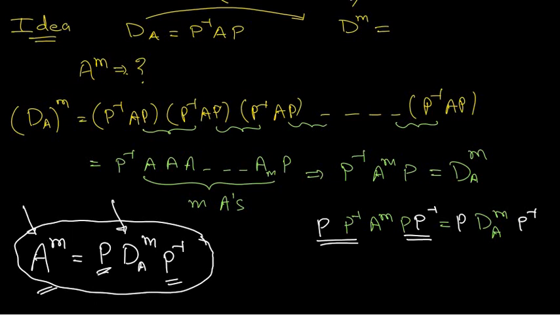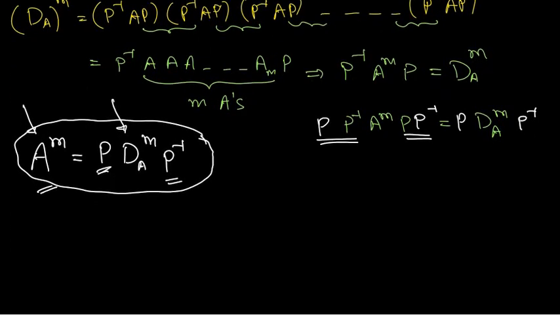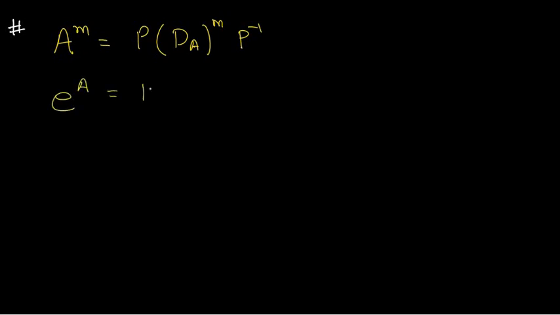So let's just write the quick forms of this equation. I just do it for one, so you can similarly do it for all. So A raised to power m will be P dA power m P inverse. Similarly, exponential of A is equal to P exponential of dA P inverse.